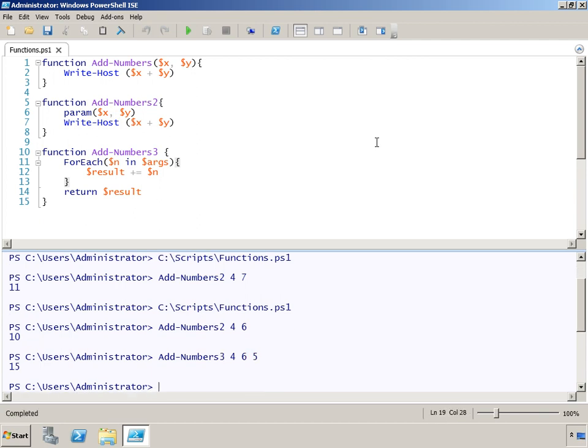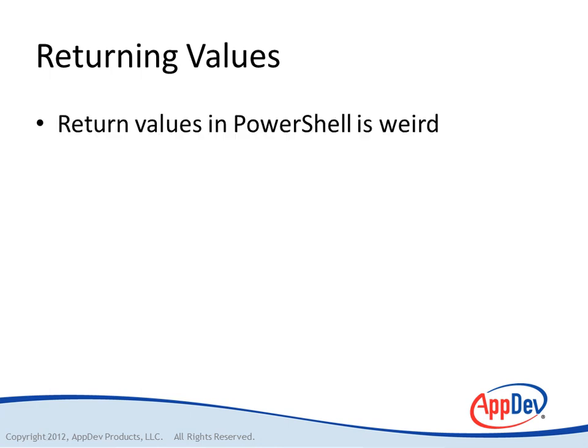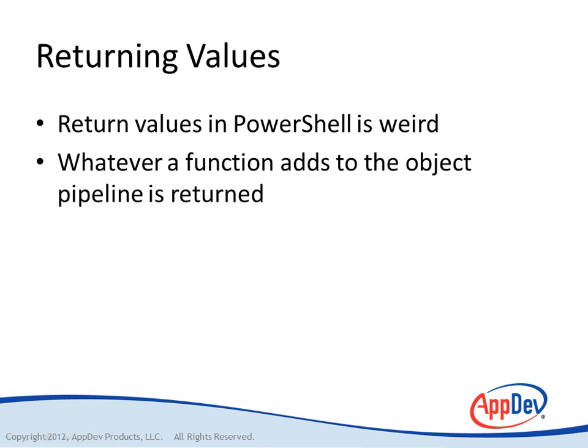Now notice here that I did not use writeHost, I used return. Let's talk about that. I think it's fair to say that compared to most other languages, the way return values work in PowerShell is a little strange. It's a little weird. Because the way it works is whatever a function adds to the object pipeline is what the return value is.